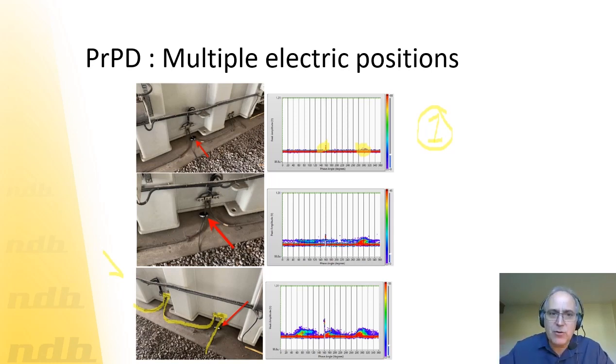So I moved my HFCT to position number 2, which is the left side. And then I can still see the little bumpy things. Okay, same thing with more noise. So this ground is a better ground for high frequency.